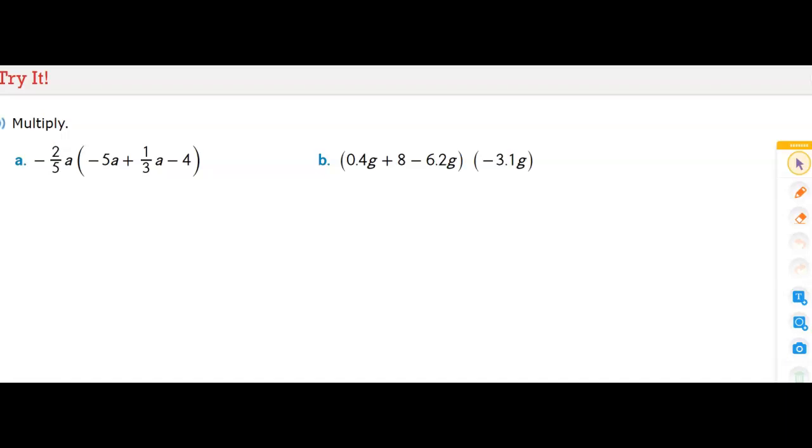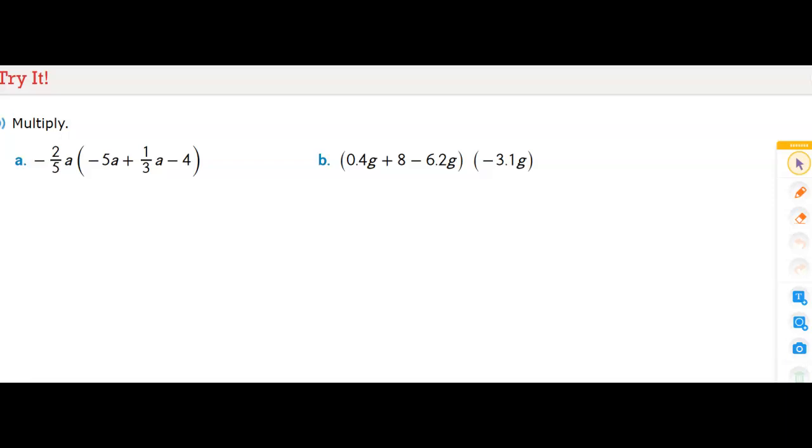Let's multiply. So we have that distributive property, multiply everything, but one way showed us to combine like terms first. So I think I'm going to do that first. So let's do that.